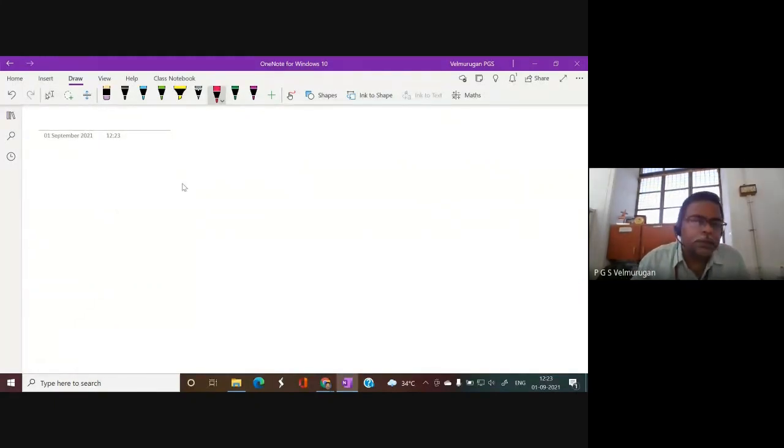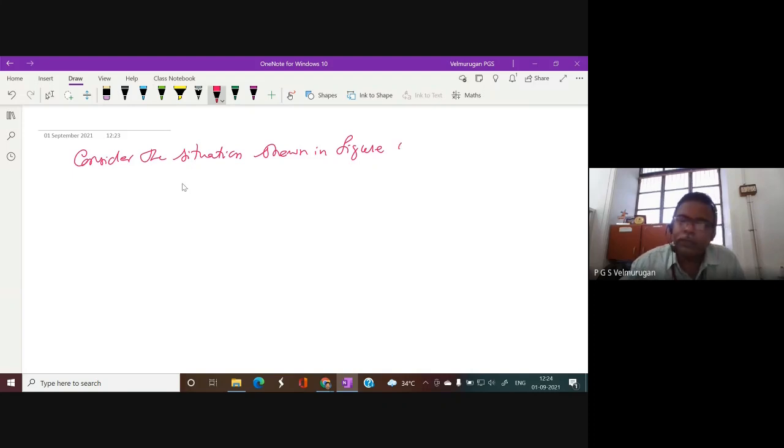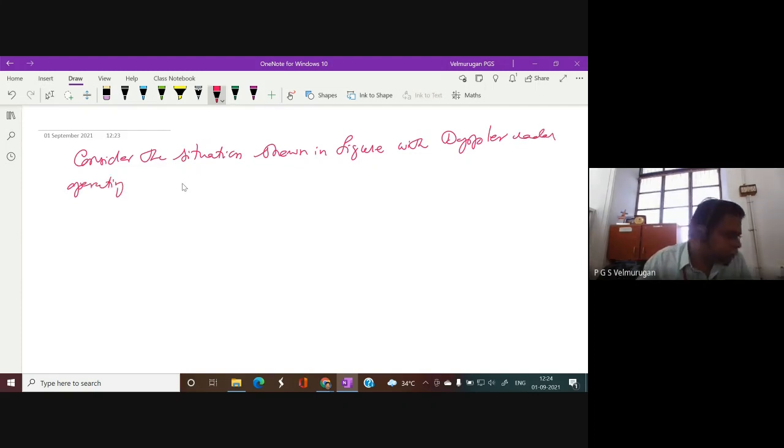Consider the situation shown in figure with Doppler radar operating at 12 gigahertz.